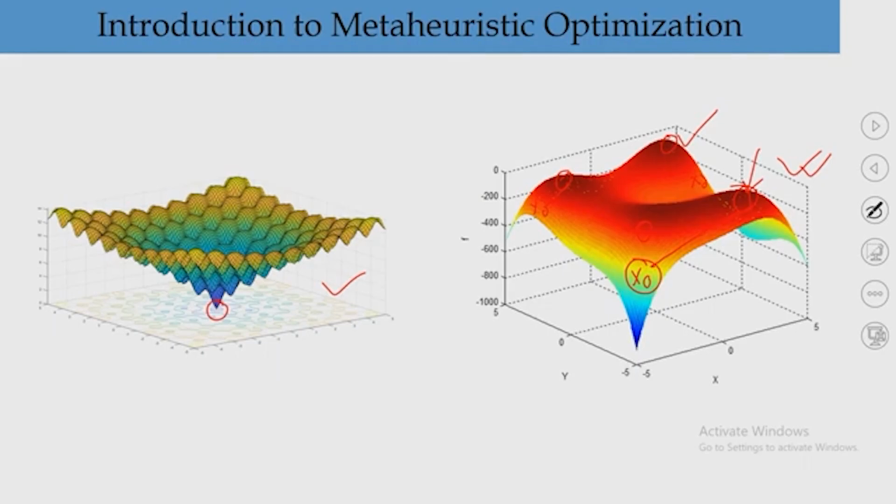If you apply the classical optimization methods here, you will get one of the local optimal solutions. So, you have to change your initial point, and luckily if you give an initial point somewhere here, you may get the global optimal solution of the problem. Therefore, it is not that easy to get the global optimal solution of this particular function using classical optimization methods. Now, you know what the disadvantage of classical optimization methods is.